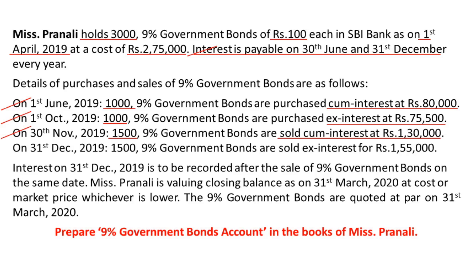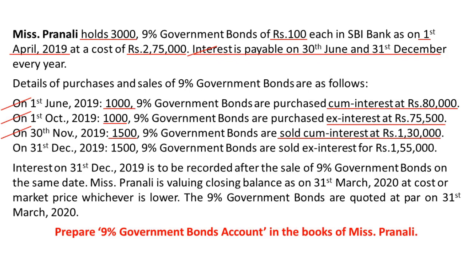On 31st December 2019. Now, here in this problem, on 31st December 2019, we have two important transactions. First transaction is given, which is the transaction of sale, and on 31st December we are also going to receive the amount of interest.